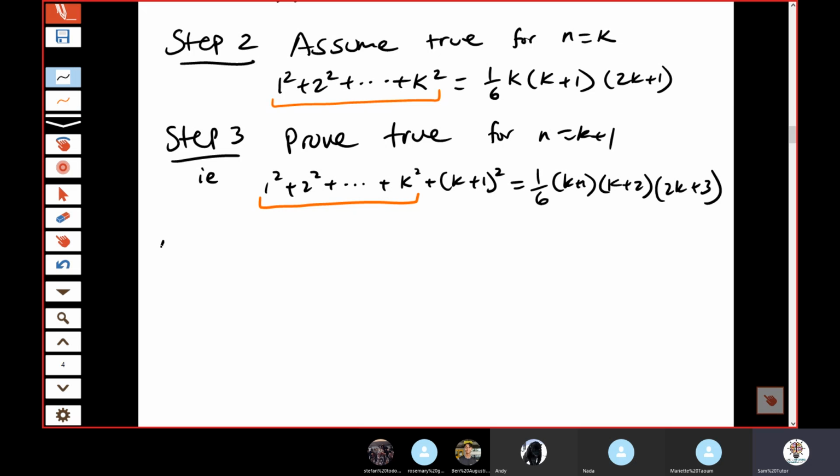So, left-hand side equals 1 on 6 k, k plus 1, 2k plus 1, plus k plus 1 squared. Now, only the students that do the next line, like me, usually get this right. Those who don't, unfortunately, have problems factorizing the next step.